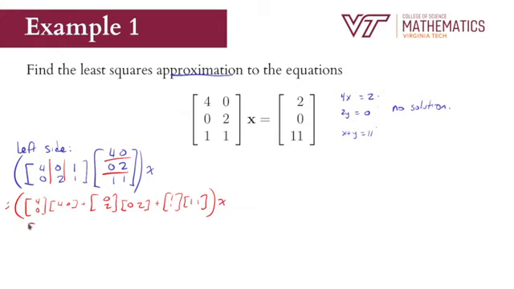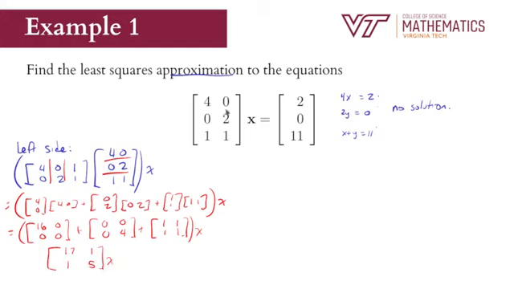So 4, 0 times 4 is 16, 0, and 4, 0 times 0 is 0, 0. 0, 2 times 0 is 0, 0, and 0, 2 times 2 is 0, 4. And finally, 1, 1 times 1 and 1, 1 times 1. When we add all these together, we get 17, 1, 1, 5.